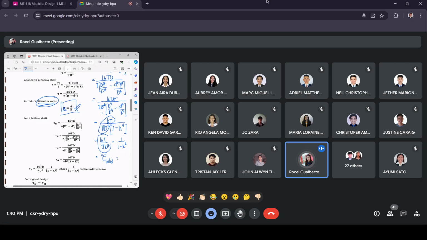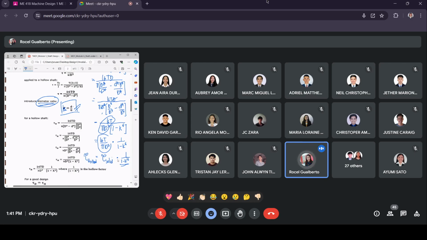We simply multiply it by 1 over 1 minus k to the 4th if it is hollow. So in that case, we call this now your hollow factor. Meaning tau for hollow is simply equal to tau for solid multiplied by 1 over 1 minus k to the 4th.